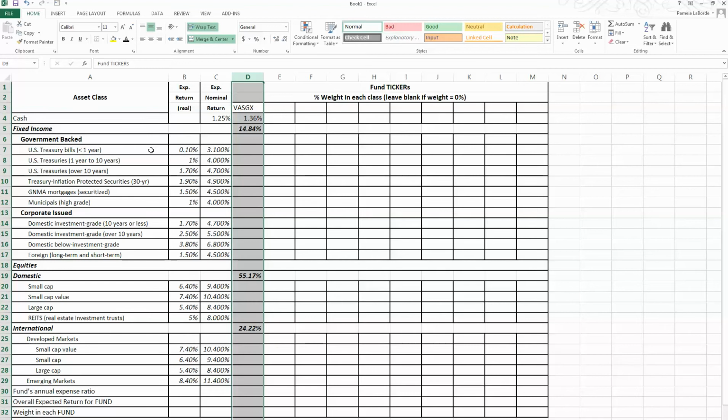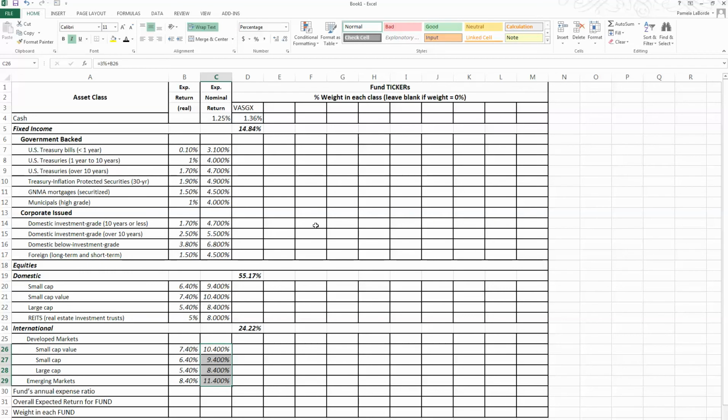So I've got my broad allocations. Now I need to get to the nitty-gritty, and I see this fund has some fixed income, some debt. It also has some domestic equity and some foreign equity. So I need to get more specific with my weights, because you can see across these different equity asset classes, there are different expected returns, and the same for the different fixed income asset classes.